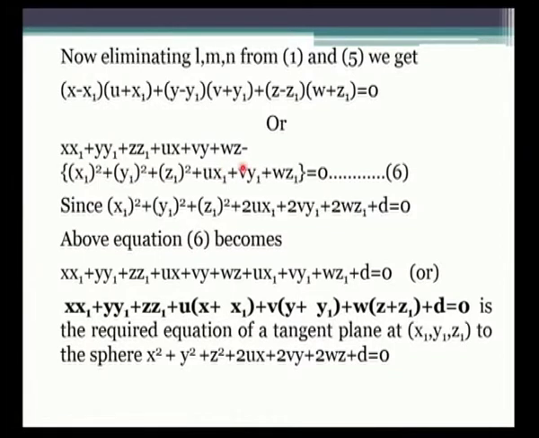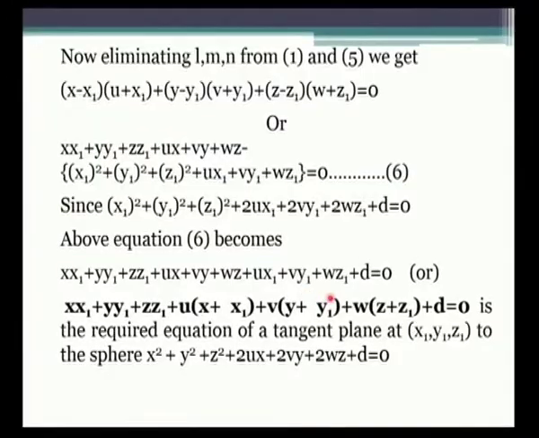Then equation 6 becomes x x1 plus y y1 plus z z1 plus ux plus vy plus wz plus u x1 plus v y1 plus w z1 plus d is equal to 0, which is the equation obtained from equation 6.